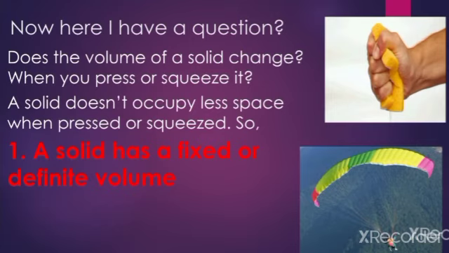A man has a sponge in his hand. A paratrooper jumps from the aeroplane. The volume of the parachute and the volume of the sponge is the same after squeezing or after stretching. So we learn that a solid has a fixed or definite volume.